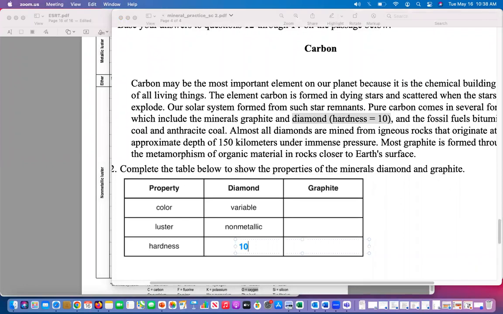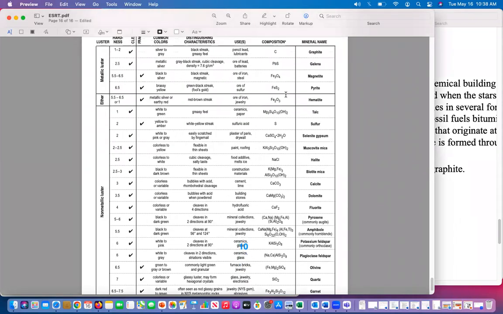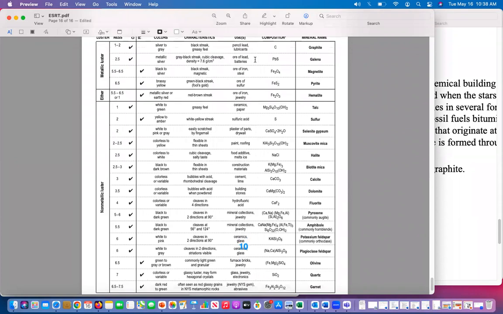After that, when I look at graphite, what's the color of graphite? You're just filling in the chart. Here we go. Graphite has a color of silver to gray.